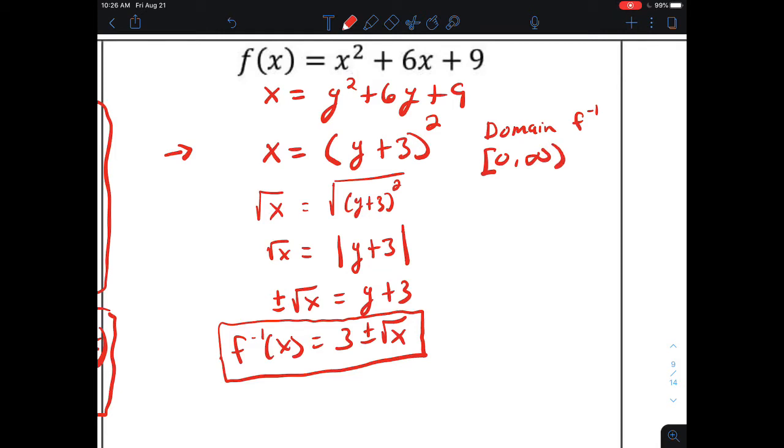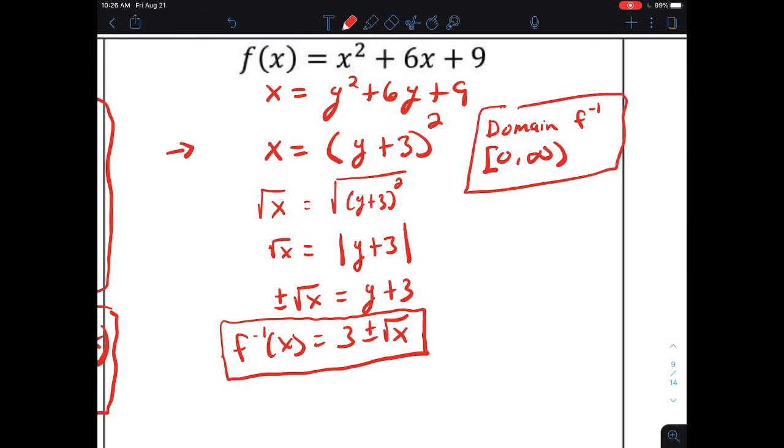Which means that if I go back and look at the original problem for f of x, that domain of the inverse of f should be the same as the range of f of x.